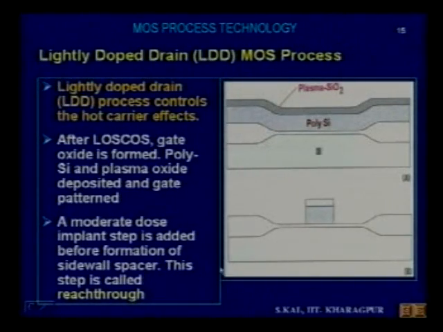Then we follow the sidewall spacer step, which was also followed in earlier steps already. I hope you remember, that is the salicided contact structure. We used sidewall spacer technology, using some space at the side wall, this side and this side, which has certain advantages which I have already discussed. This moderately doped drain and source region step is called the reach through step.